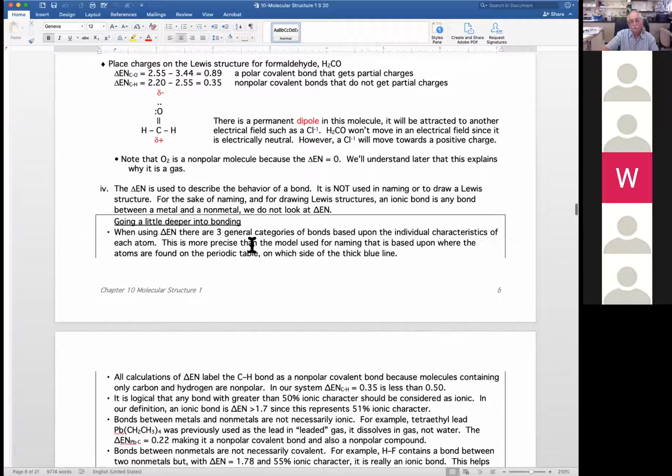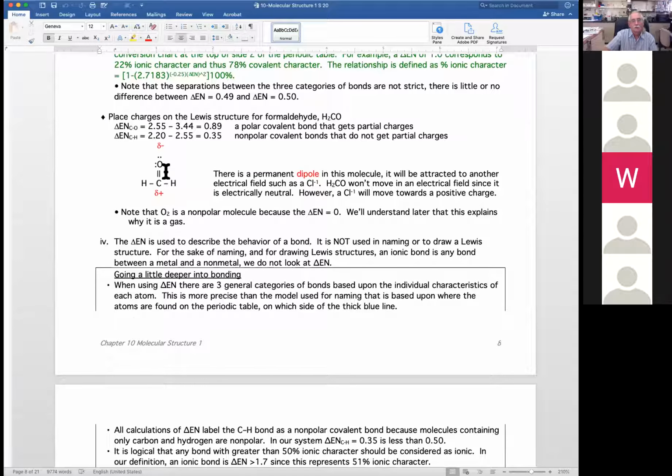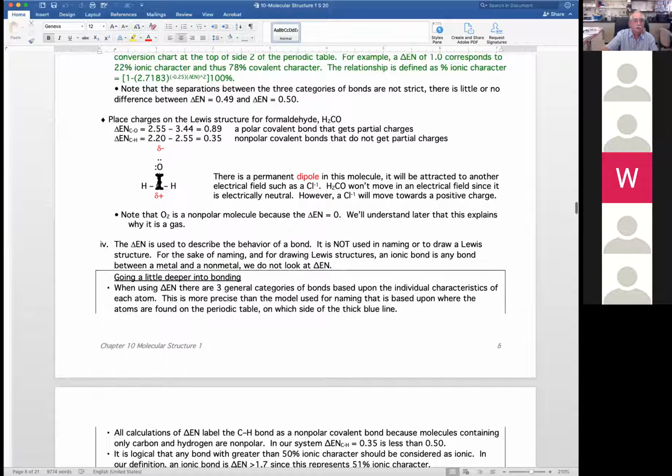So then we applied that to different molecules. We can see formaldehyde is an excellent example because here's nonpolar bonds, right? No dipole. Here's the dipole. So you have a permanent dipole in formaldehyde. It acts like a little magnet. Same with water, right?